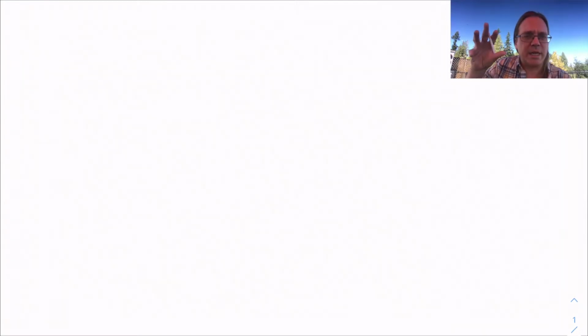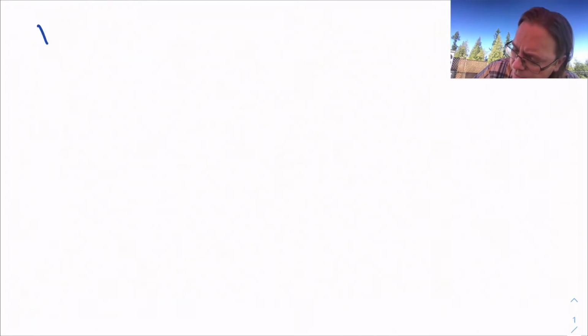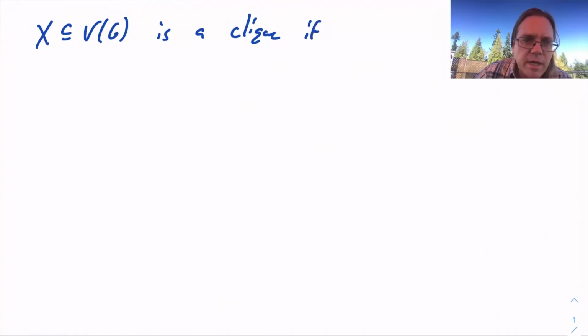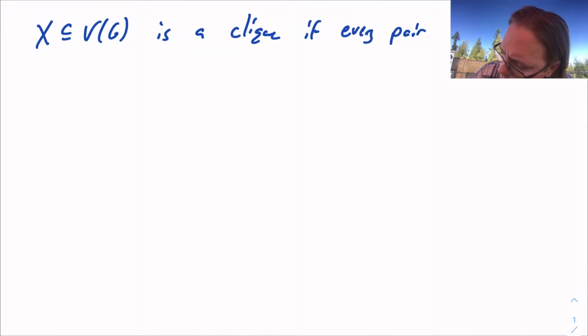You remember we have this term independent set. A subset of vertices is independent if there are no edges that have all of their ends in that set. So there's a complementary notion that's also useful, and I'll introduce the term for it. If G is a graph, a set of vertices X is a clique if every pair of vertices in X is adjacent.